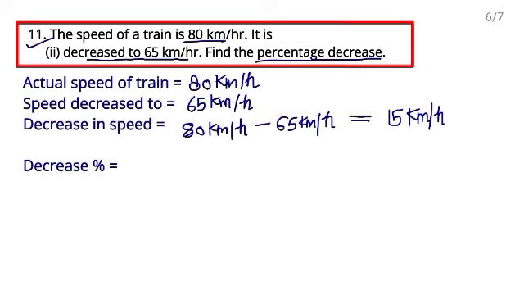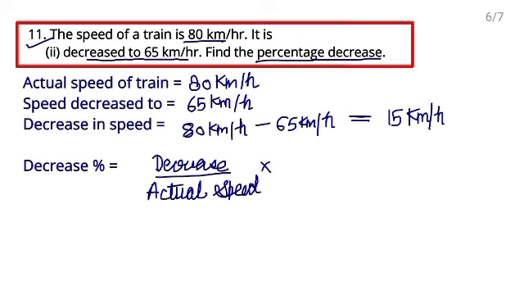Now the formula of decrease percent will be decrease upon actual speed, multiply by 100. Put the values. Decrease in speed is 15 kilometer per hour. Actual speed is 80 kilometer per hour.